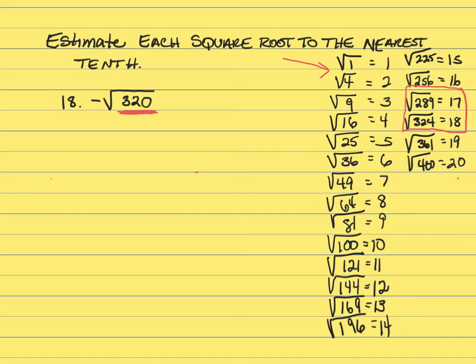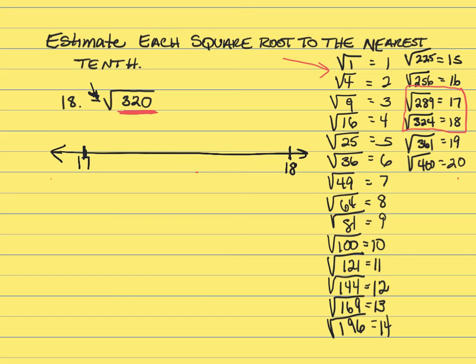So the next thing we're going to do is draw a number line so we can estimate what the square root of 320 is. We're going to ignore the negative sign for now, just like we did before. On the number line, we're going to put the square root of 289, which is 17, on one side, which is right here, and 18 here.